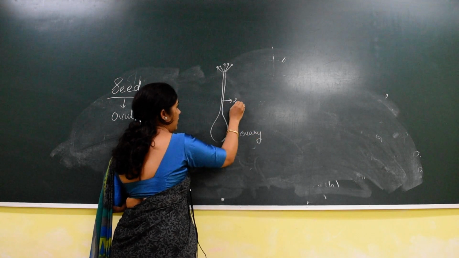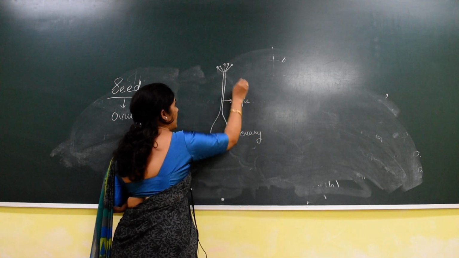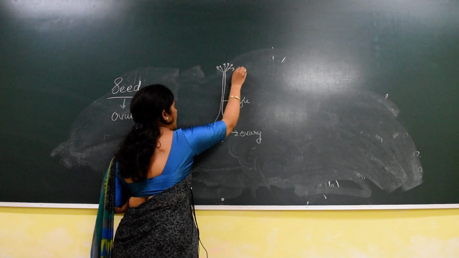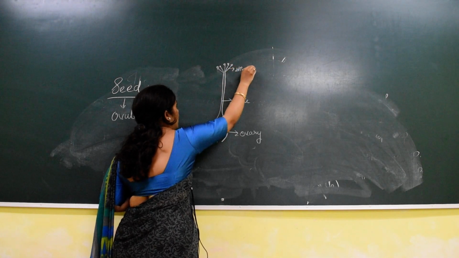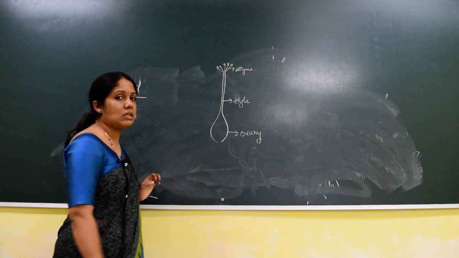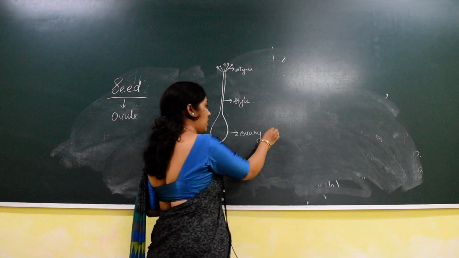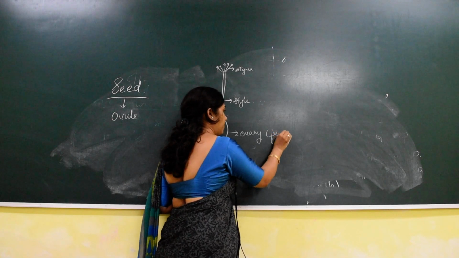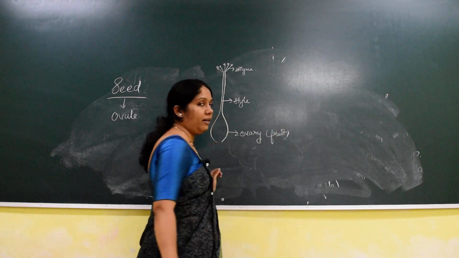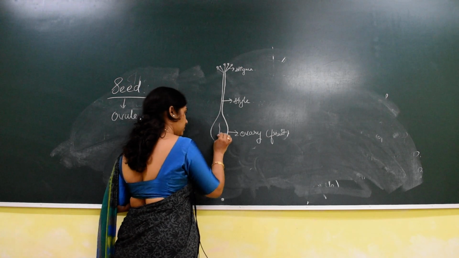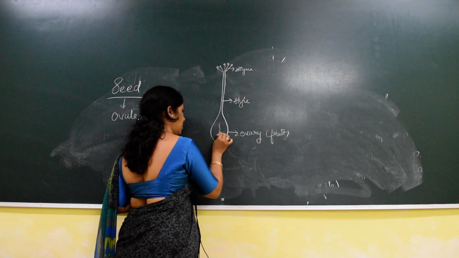Then comes an elongated structure called the style. At the tip we can see a stigma. Ovary, style, and stigma. Now this ovary develops into a fruit, whereas inside the ovary there will be ovules.